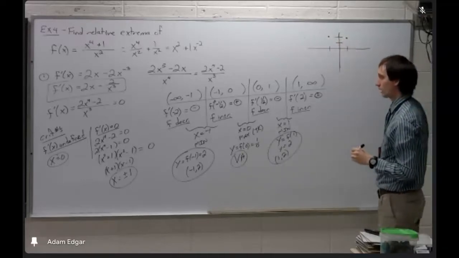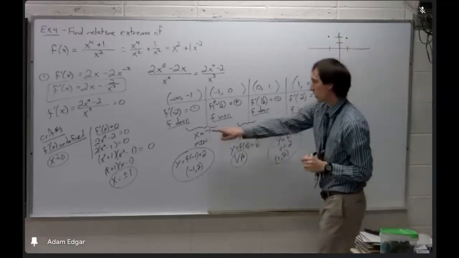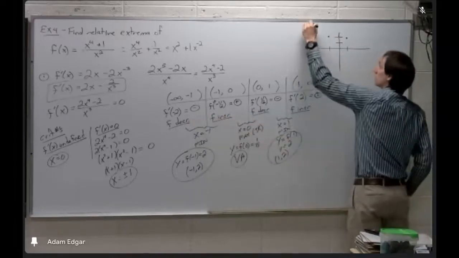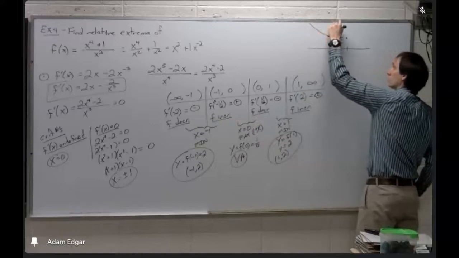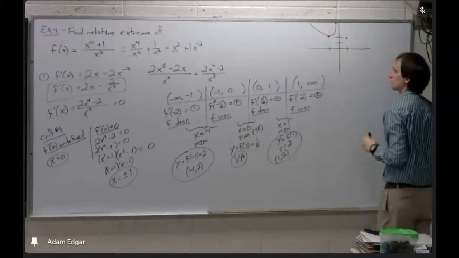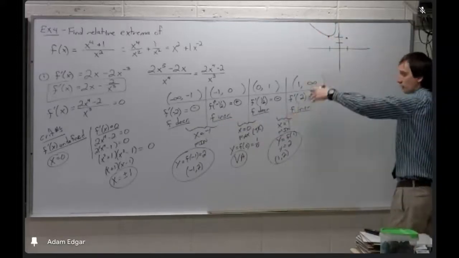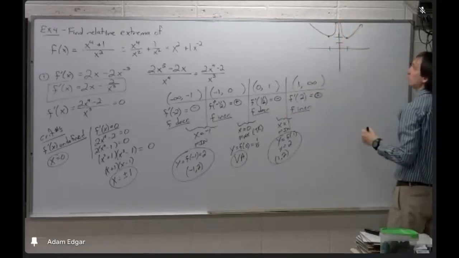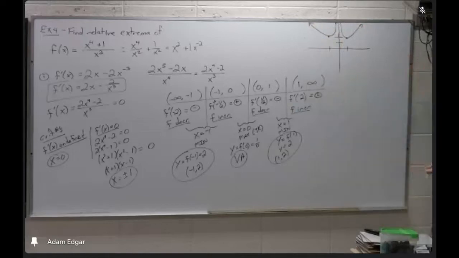And we would say we are decreasing and then increasing, and then we're blocked off by the vertical asymptote. Then coming out of the vertical asymptote, we're decreasing, hit this point, and then increasing again. So it's going to be like that, more or less.